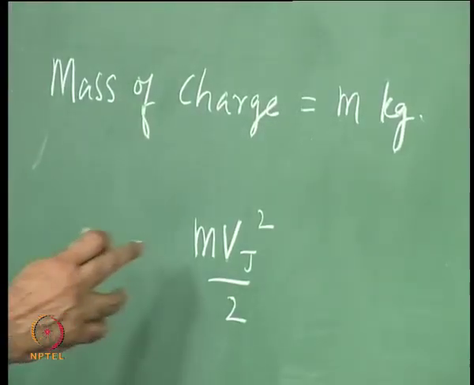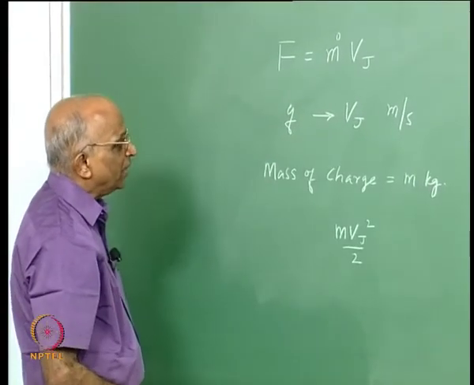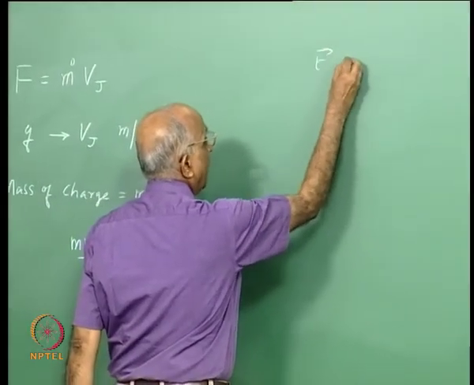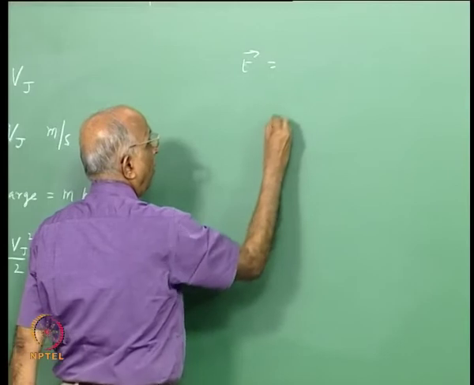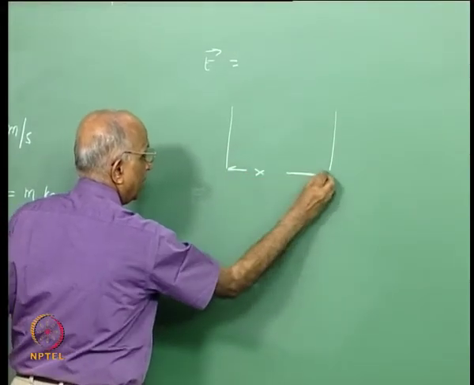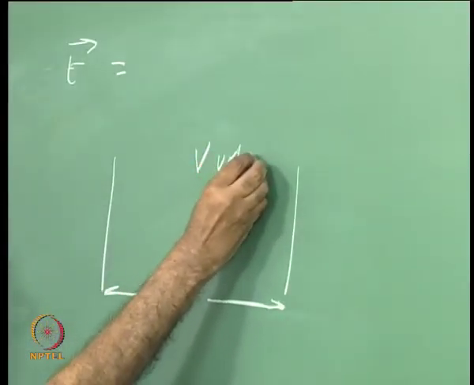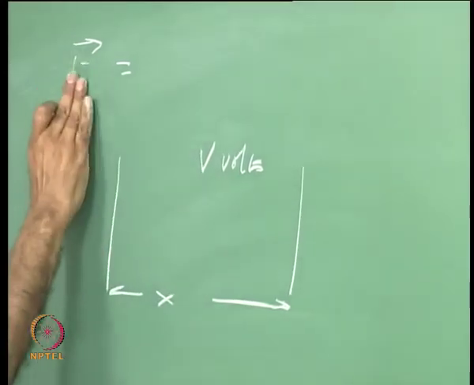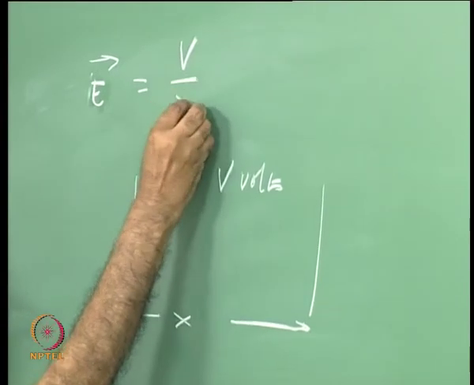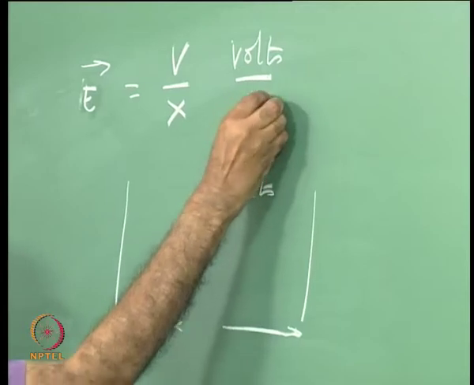We would like to relate this value to the electrical field. And how do we define an electrical field? We define the electrical field E as volts per meter, or if I have it in a particular distance, let us say x, the potential difference is, let us say, V volts, then I can write the electrical field E as equal to V volts divided by x is so much volts per meter is the electrical field.